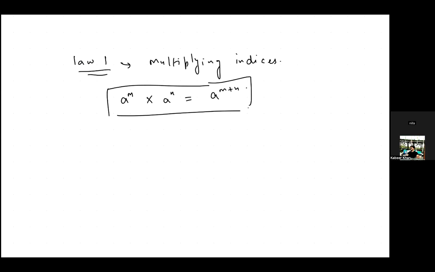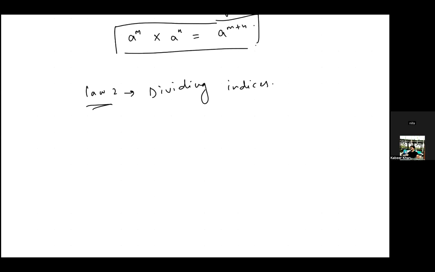Examples I will give you later. Before that, let's understand law two, which is dividing indices. In dividing indices, you have a to the power m divided by a to the power n equals a to the power m minus n.